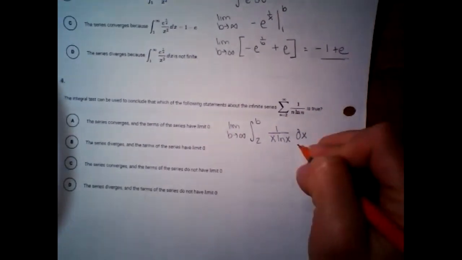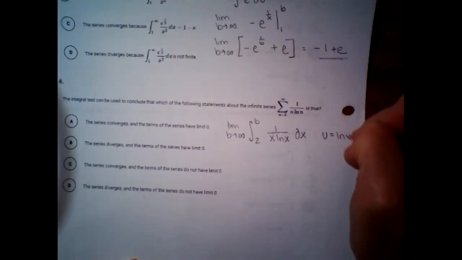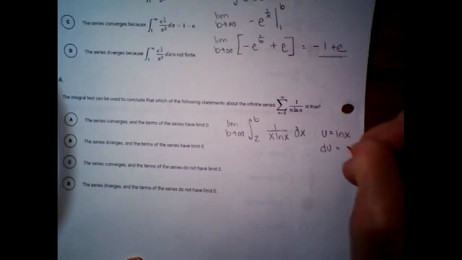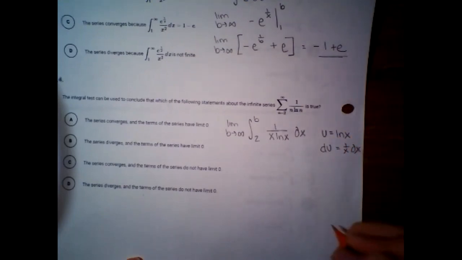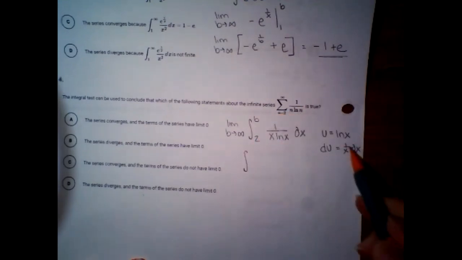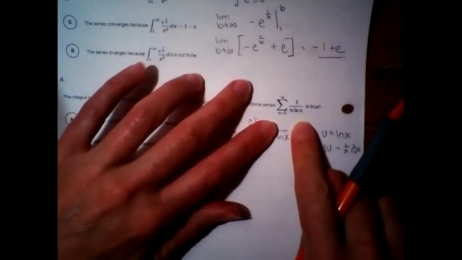And so once again, this is kind of a mess, so we're going to need a u substitution. We're going to let u equal ln of x, and so that derivative is 1 over x dx. So the 1 over x dx, we're substituting out, that part's taken care of.